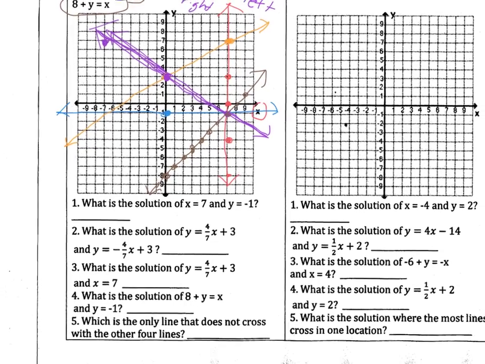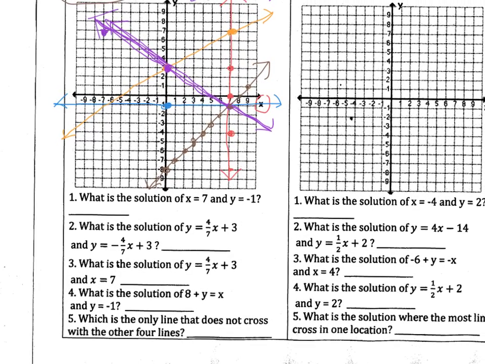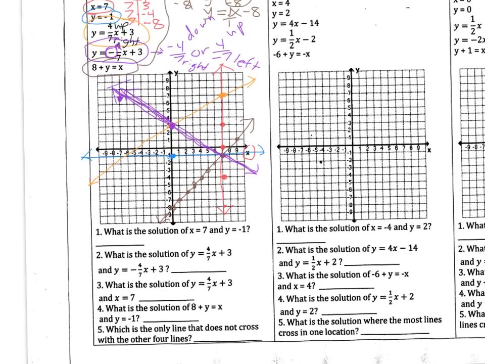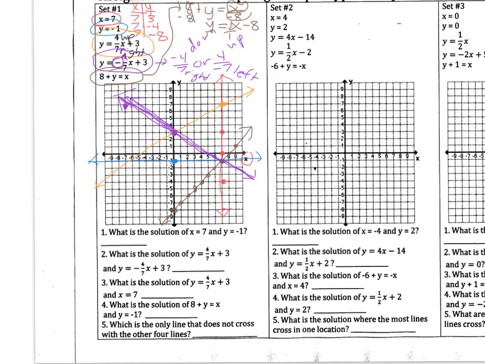So I'm going to use my graph to figure out how to answer these. Okay, so first of all, I do need the whole screen, so here we go. Let's go like right there, looks good. All right, so first thing it's asking me for is x equals 7. When I annotate it, I know that was the line in red.